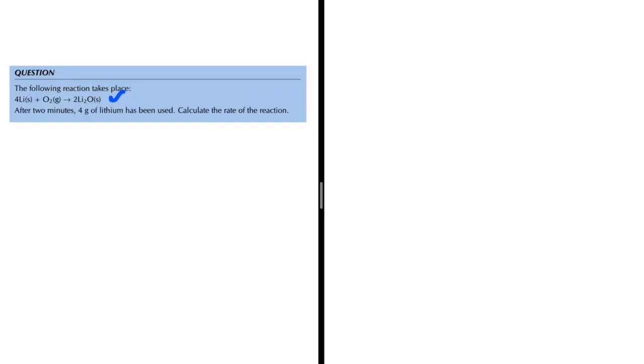But because we can easily convert mass to number of moles, let's also do it using the number of moles. Let me show you how. So the first thing, rate of reaction is equal to... What information are we given? We are given the mass of lithium that has been used.